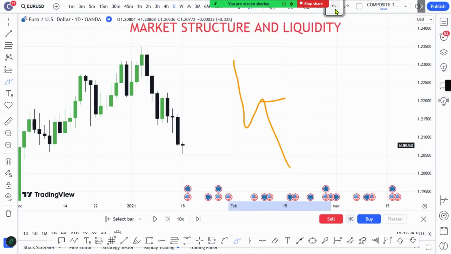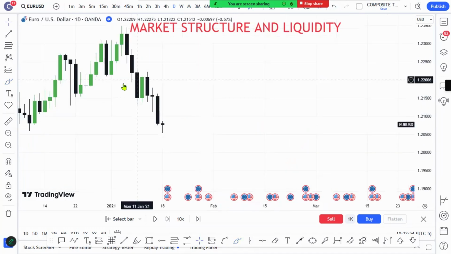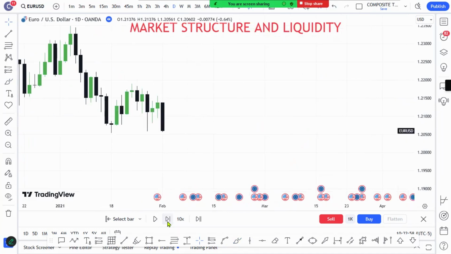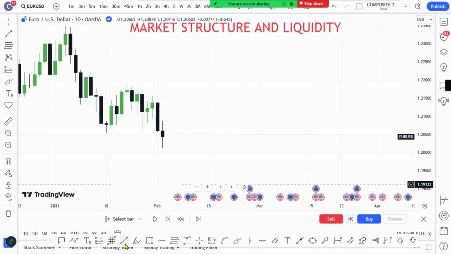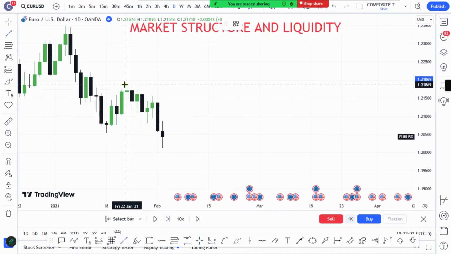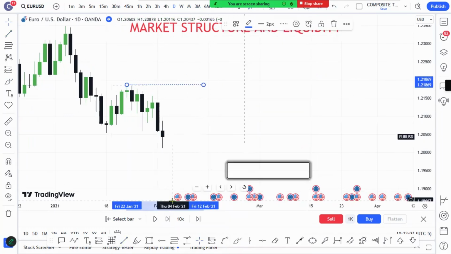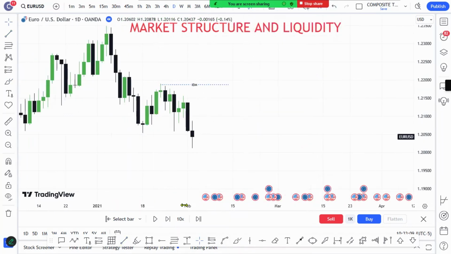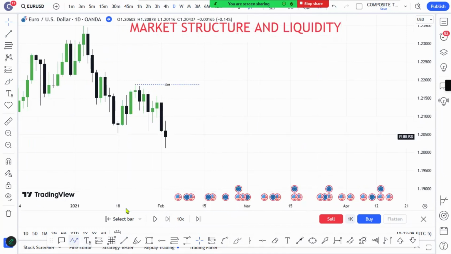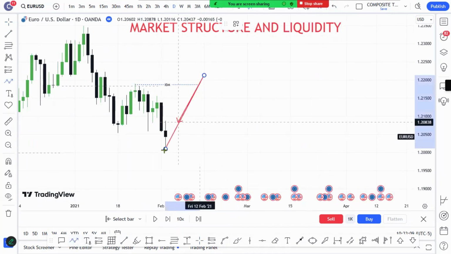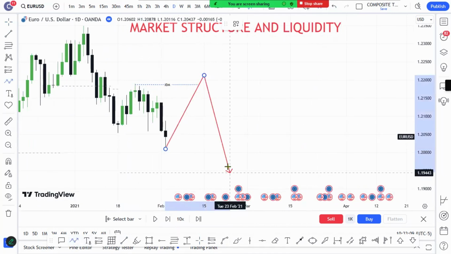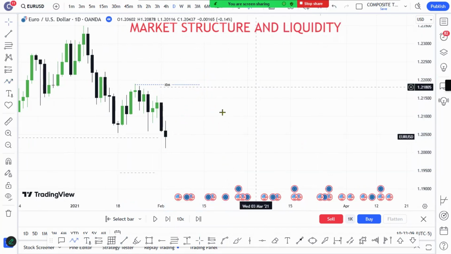So around this zone, what I want to see is that the market gives me a pullback here. Let's see, no pullback at all. Now we have a pullback, so this is our level that must be taken out. If the price takes out this level, then we will have a pullback here. This means that when the market takes out this level, when everybody's buying, we'll be doing the opposite, looking for short positions.